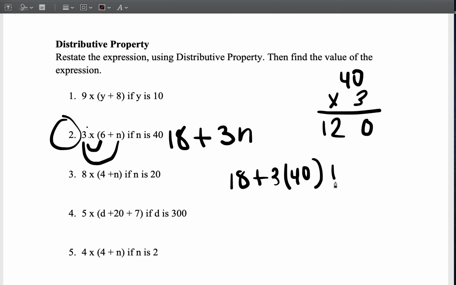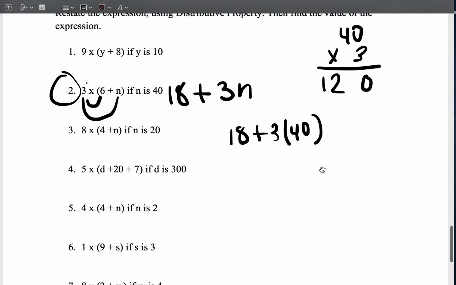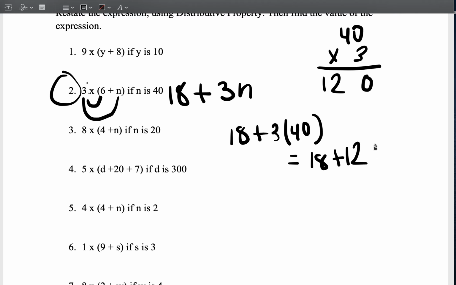So 18 plus 120, which would equal 138 for number 2.